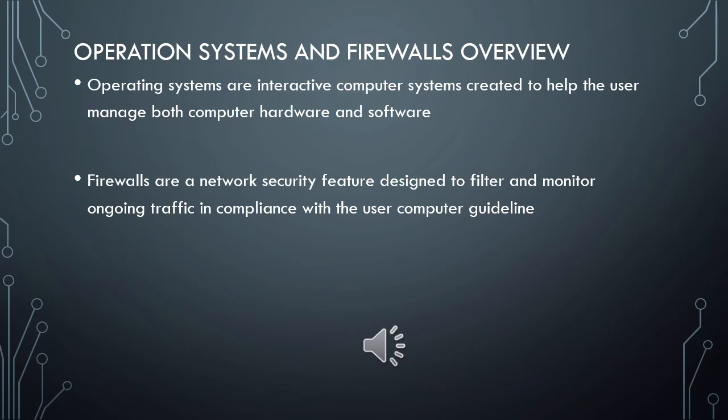And the firewall usually comes with the operating system. It is a network security feature designed to filter and monitor ongoing traffic in compliance with the user's computer guidelines. So basically, it acts as a security guard for the operating system of the computer, blocking any potential bad actor from penetrating and potentially damaging the computer hardware and software.